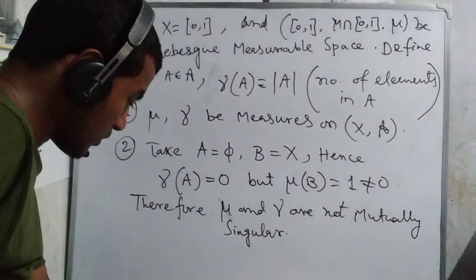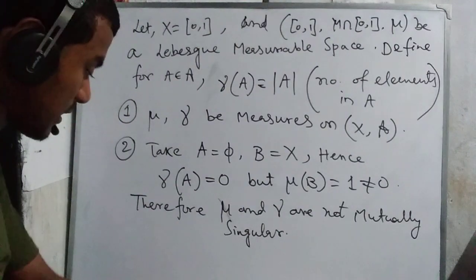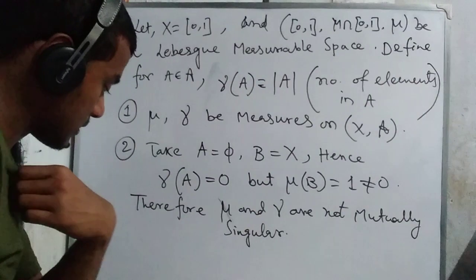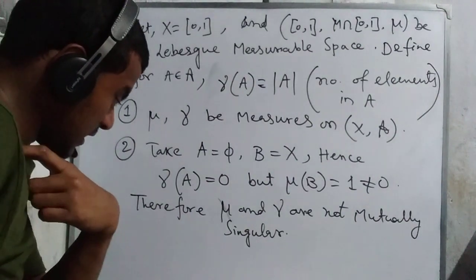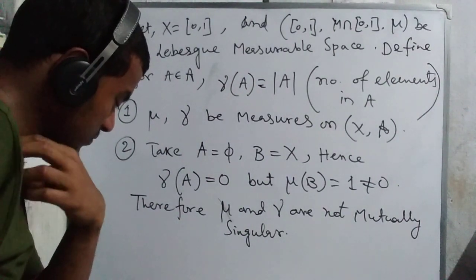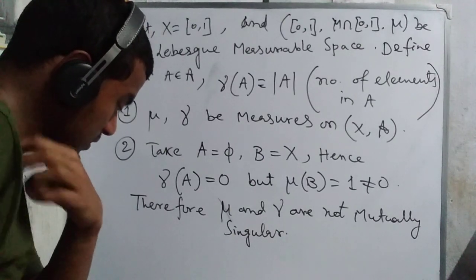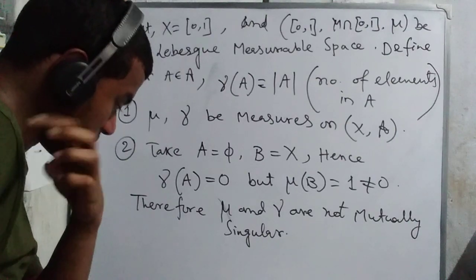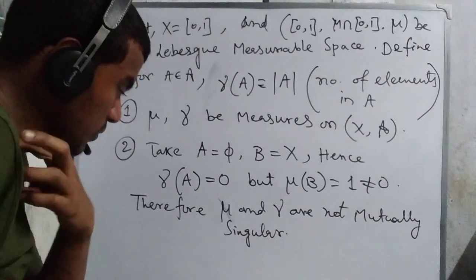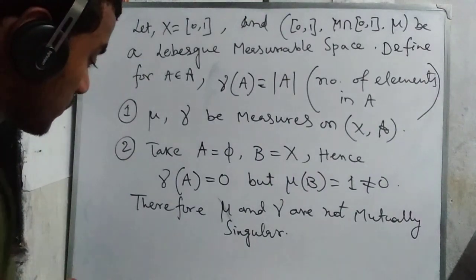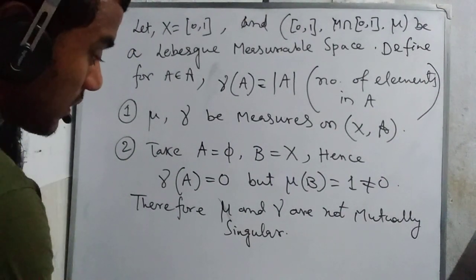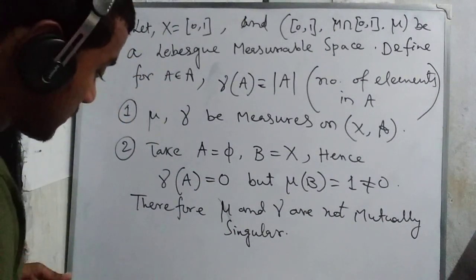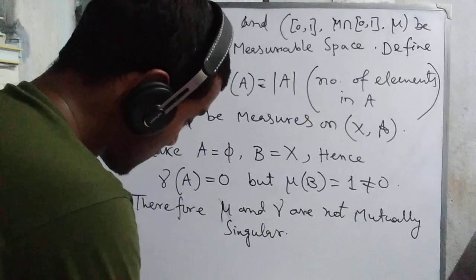And obviously mu plus and mu minus are measures, and obviously the total variation is a measure on X. We discuss that in the observation. And mu plus of N equal to 0 and mu minus of P equal to 0. So in this way mu plus and mu minus are mutually singular.